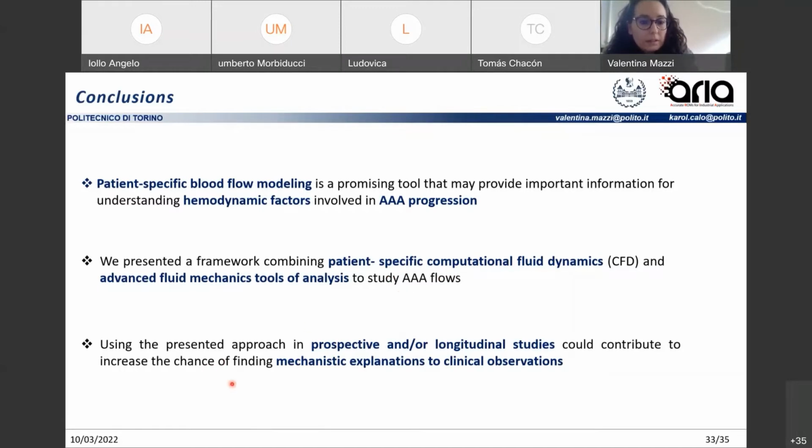And the use of the presented approach in prospective and longitudinal studies could contribute to increase the chance of finding mechanistic explanations to the clinical observations, and ultimately to provide potential clinical markers for rupture risk prediction.